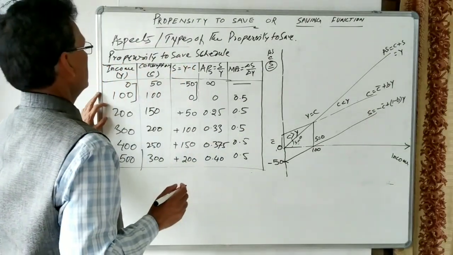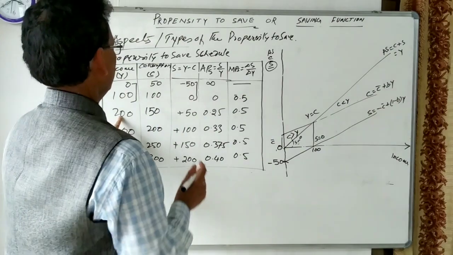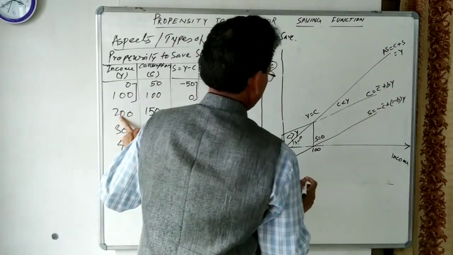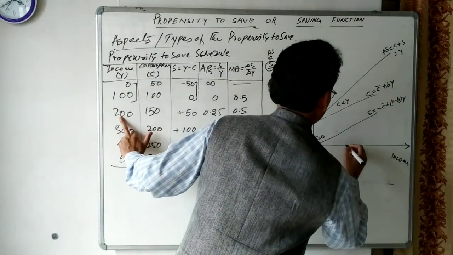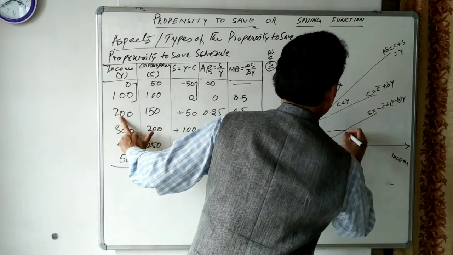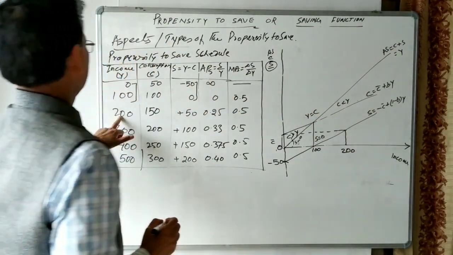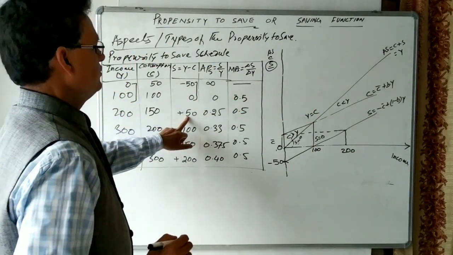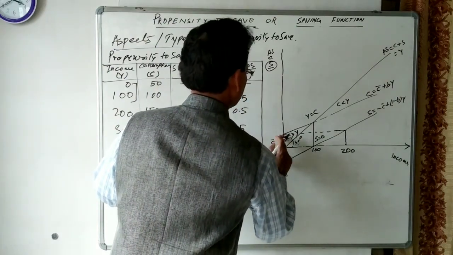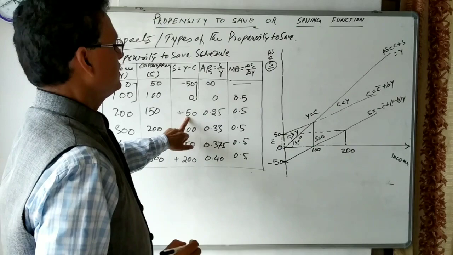Let us take 100, where saving is 0, and 200, where saving is 50. At 200, saving is how much? 50. It means at this point the saving will be 50.